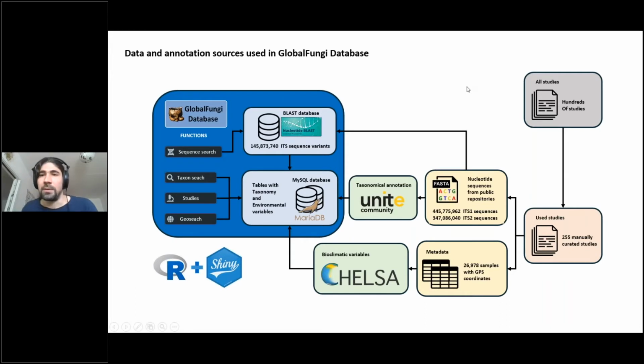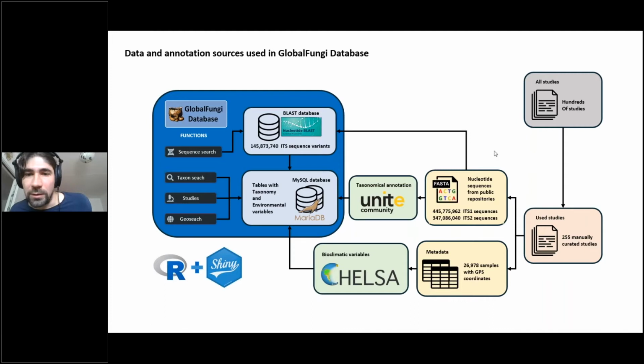We started by investigating hundreds, more than 1,000 right now, studies from various journals and so on. Then we manually curate them and choose only the studies which are using non-manipulated experiments, and we have quite strict rules which should be followed to get into our database.